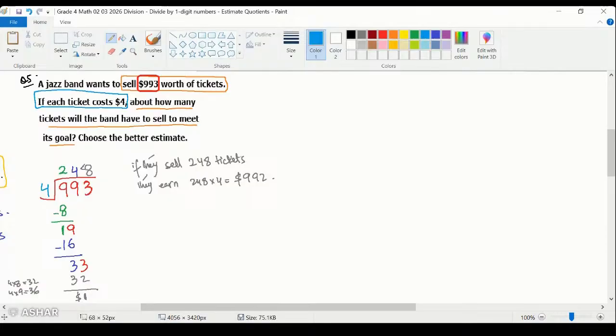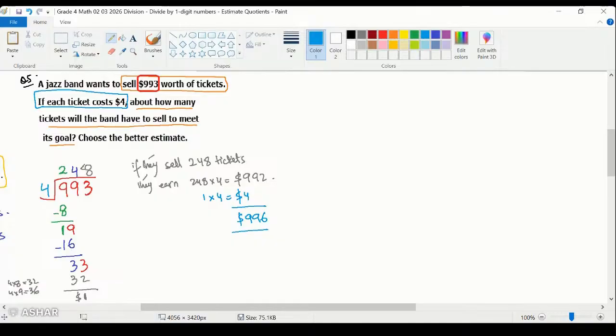So if they sell one more ticket, are they making more than 993? One more ticket they sell, they're making money greater than their target of 993, right? They never said that they cannot exceed.